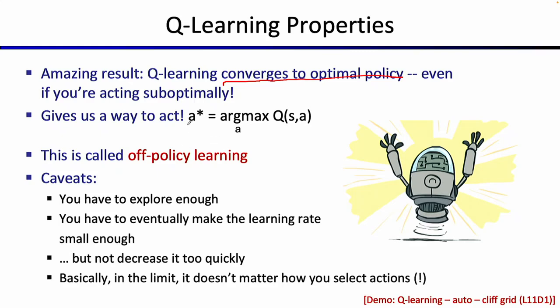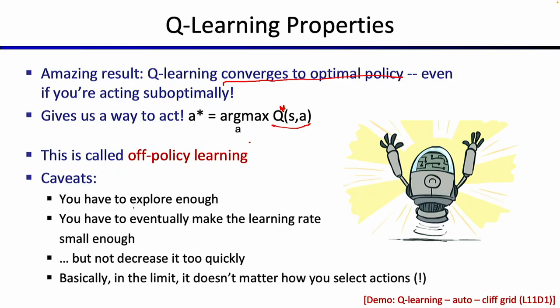And the other really nice thing is that Q-learning also gives us a way to act, because if we have this Q function, and actually it should be Q star, if we learned an optimal function Q star, we can just pick actions for any state by picking the action that gives us the highest Q star value. So we can now do active reinforcement learning with this method. We have everything we need.